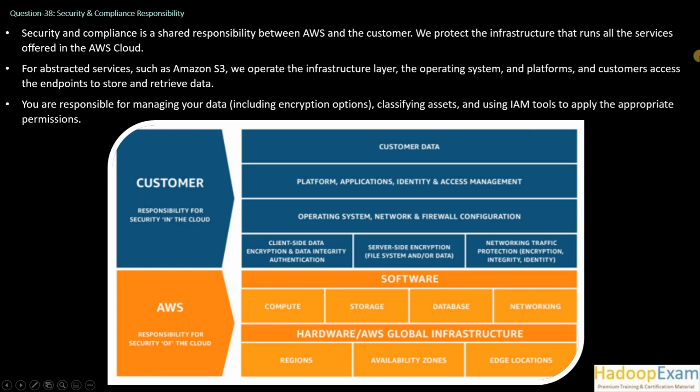Based on this diagram, the saffron color is basically AWS responsibility. They are saying their infrastructure, the AWS global infrastructure, which is AWS regions, availability zones, which are equal to data centers, and edge locations, which you use in CloudFront mostly.